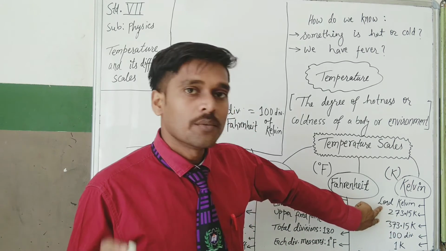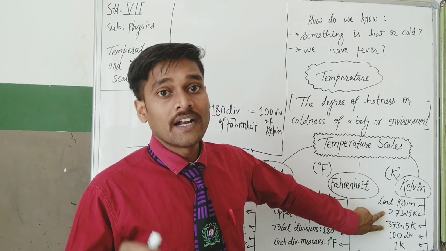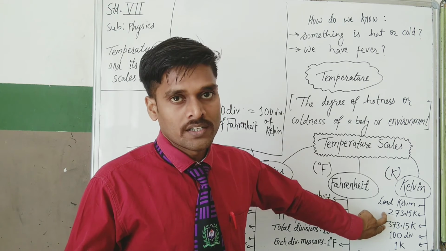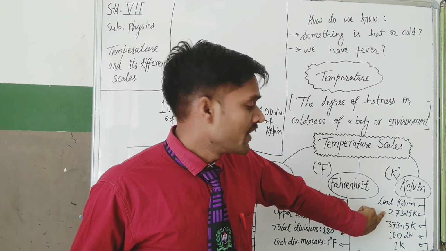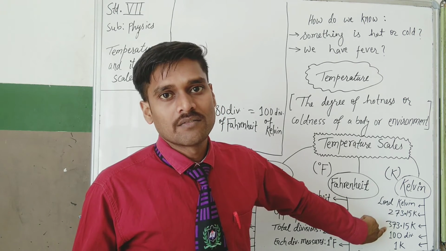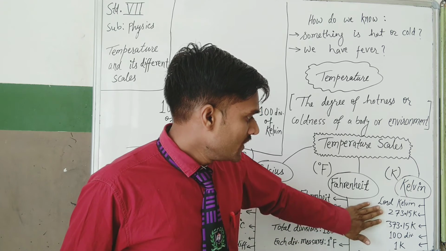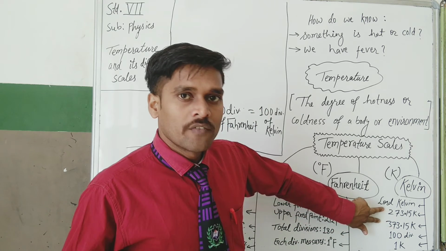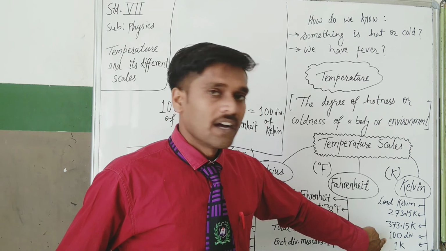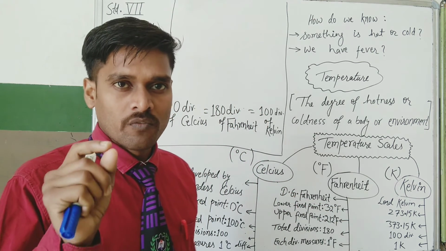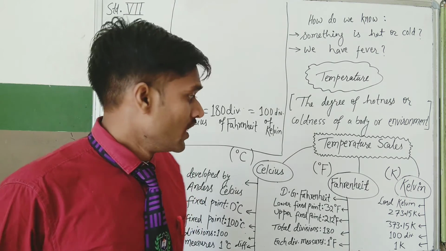These two values also represent the melting point of ice and the boiling point of water, or you can consider them the freezing point of water and the boiling point of water respectively. On this scale, between the lower fixed point and the upper fixed point, there are a total of 100 divisions, and hence each division measures 1 Kelvin temperature difference.